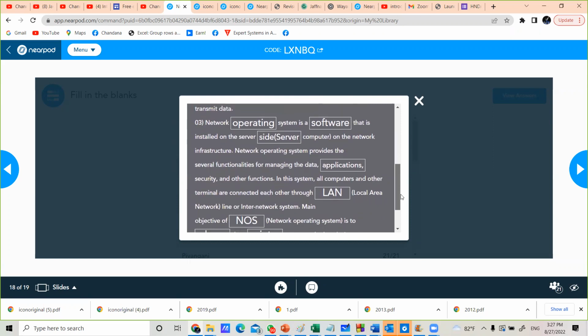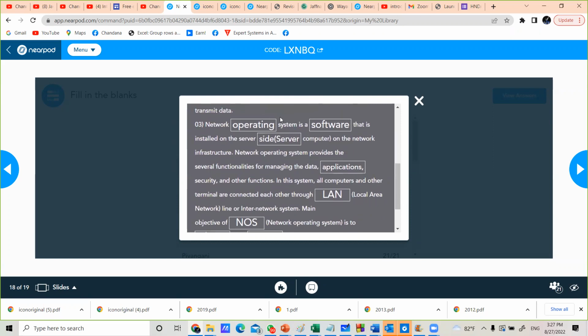Then the third one, network operating system is a software. Right, here the answer should be software. Actually, a network operating system is also a kind of software that is installed on the server side computer. Remember that point: the network operating system is only installed on the server computer.